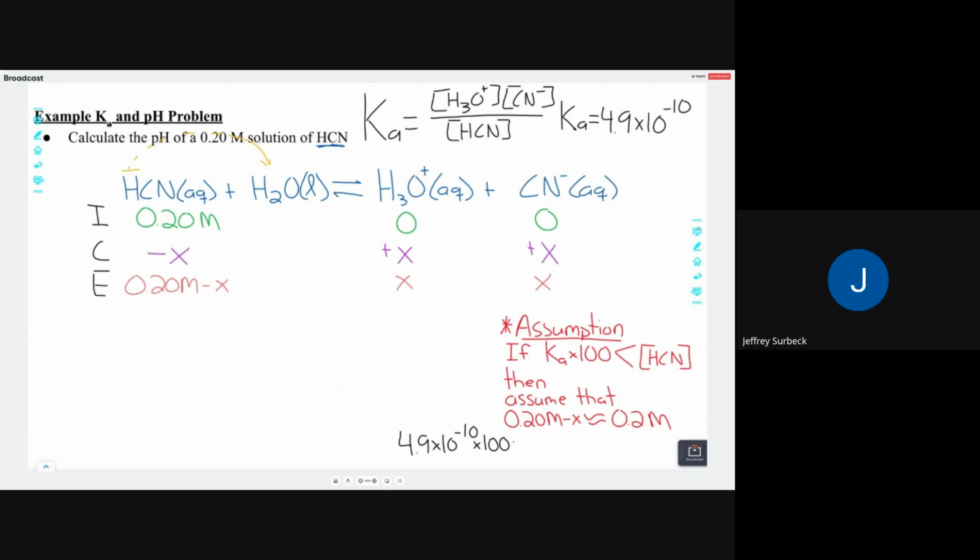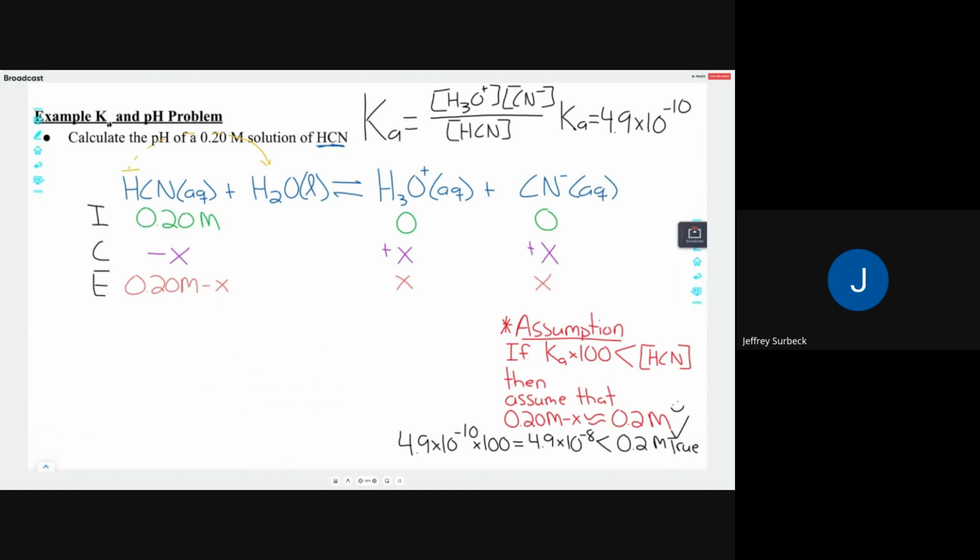That is going to equal 4.9 times 10 to the negative 8th. Is this value that we just wrote down bigger or smaller, does this hold true, than our original value of 0.2 molar? Smaller. Yeah, so check, this is true, which is really nice.